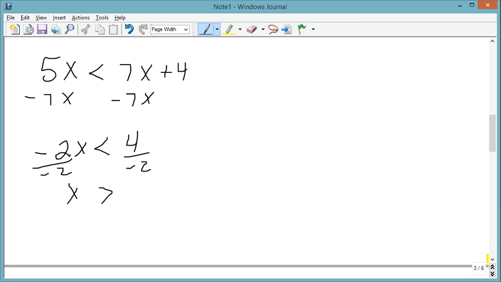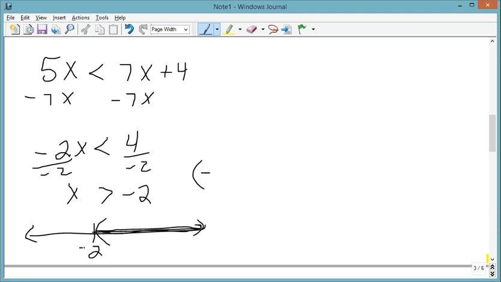So I have x is less than -2. If you're thinking about the number line, that'd be -2. I'm looking for everything up here. I'm not including -2, so it's going to be a parenthesis. So my answer, written in interval notation, looks like this. Okay, there's my answer.